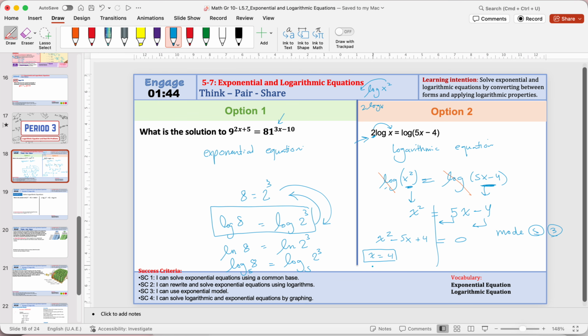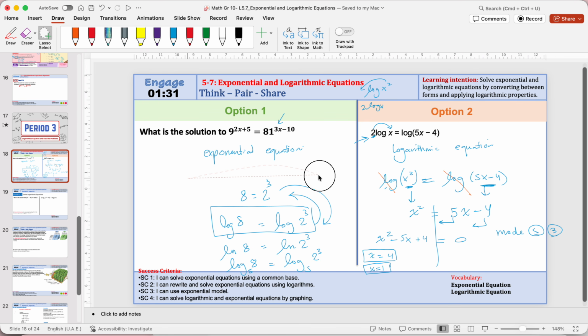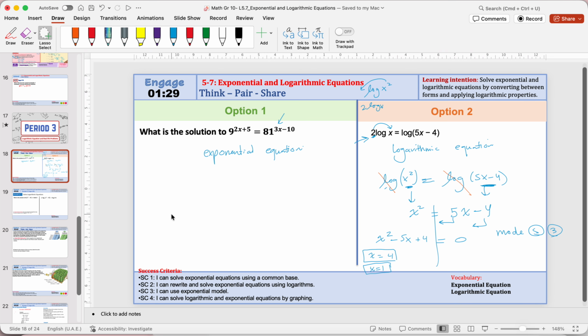Second answer is x equals 1. Now the thing is, you can't only list the answers like this. You still have to do one more step, which is check your solutions, because sometimes I get solutions that are extraneous.